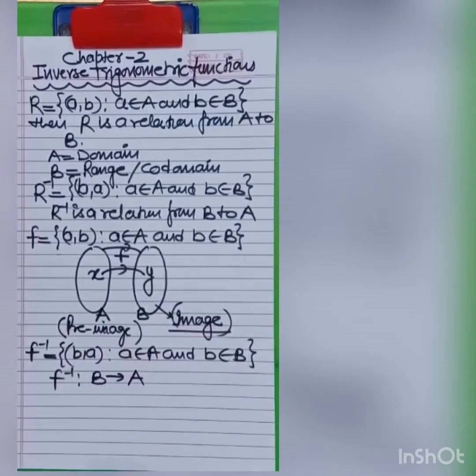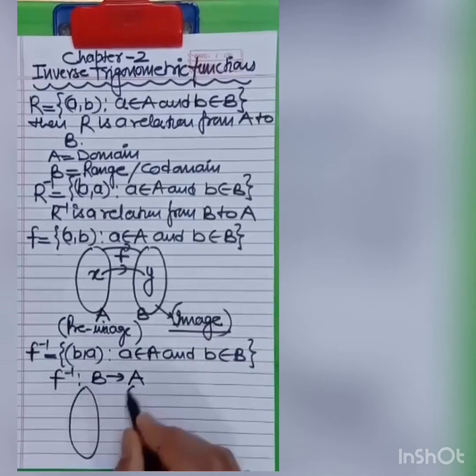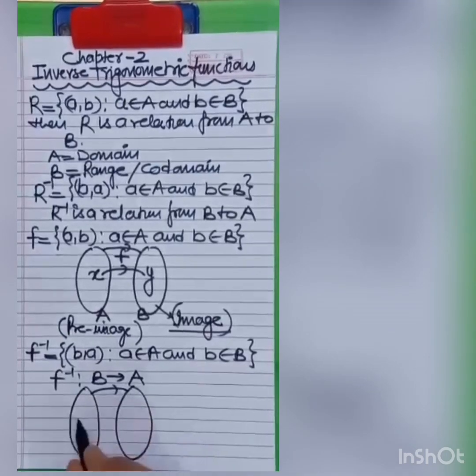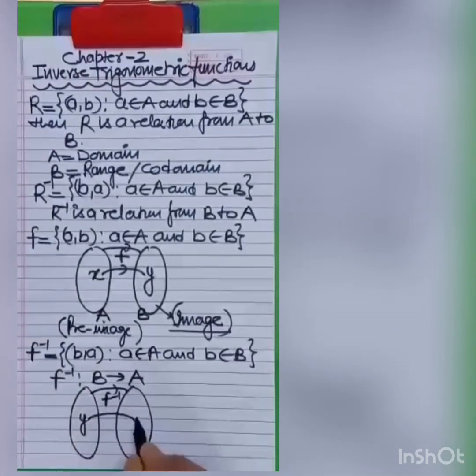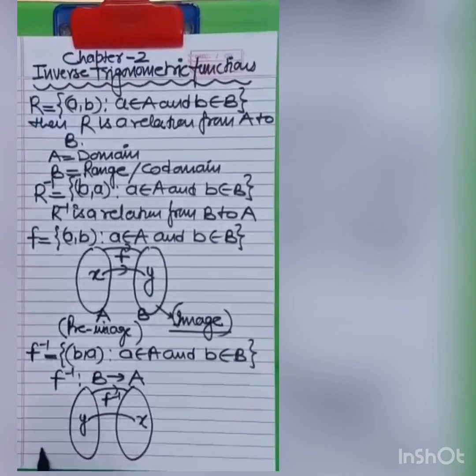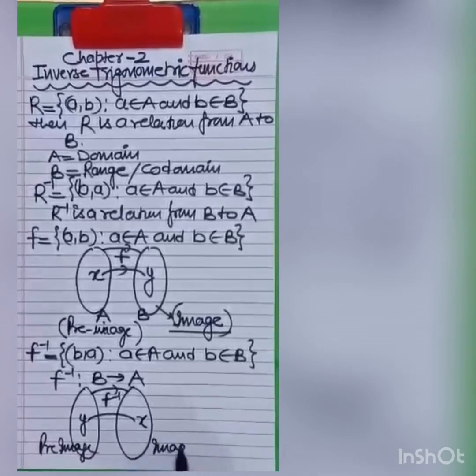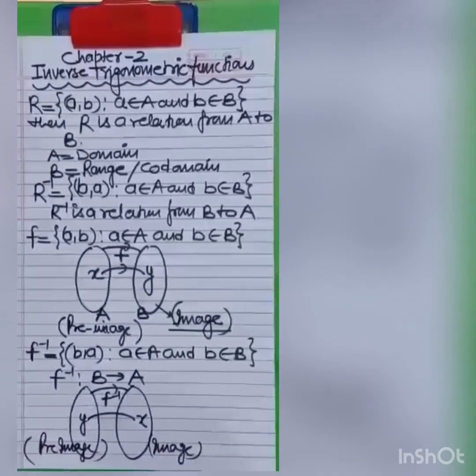Simply you can say that in an inverse function your domain becomes range and range becomes domain. Your image becomes pre-image and pre-image becomes image.